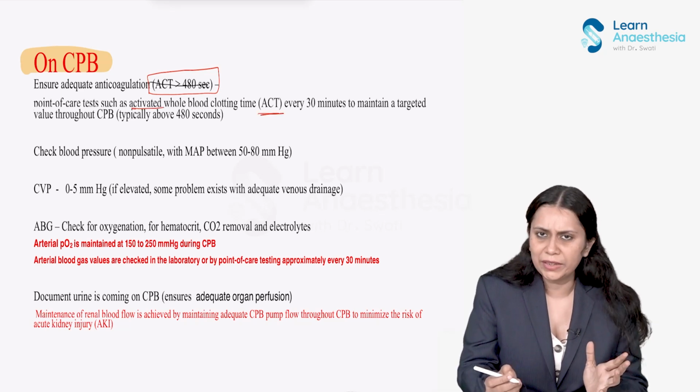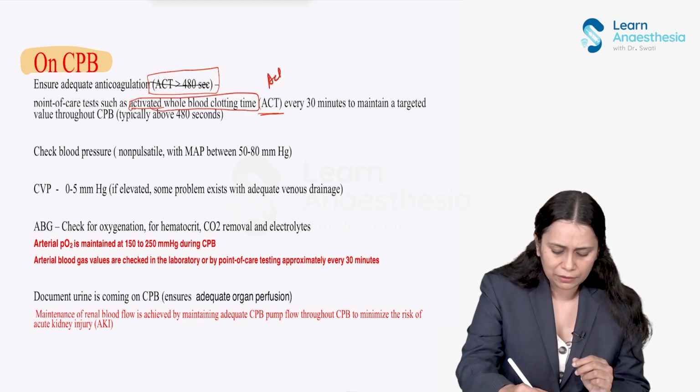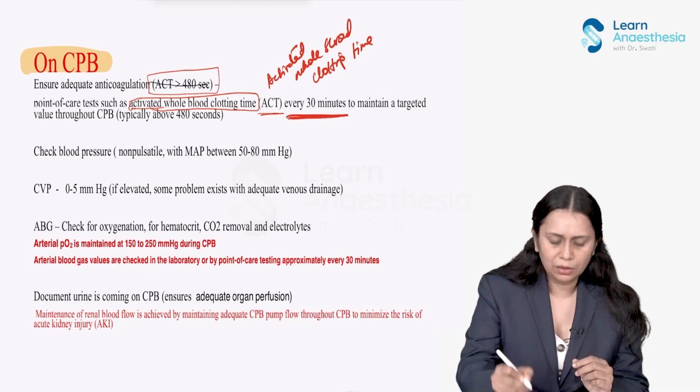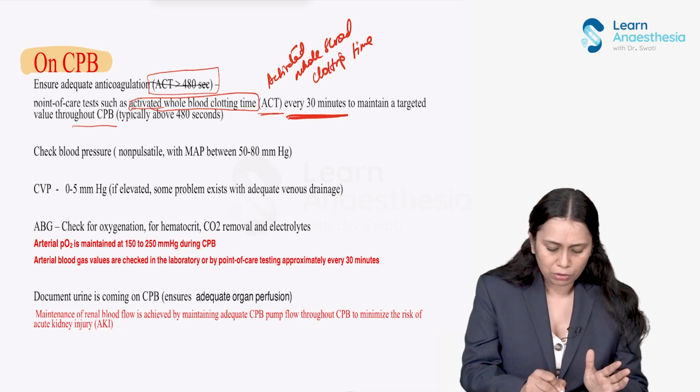What is the full form of ACT? I presume all of you know. That is activated whole blood clotting time. So this is repeated every 30 minutes to maintain the targeted value throughout the CPB.